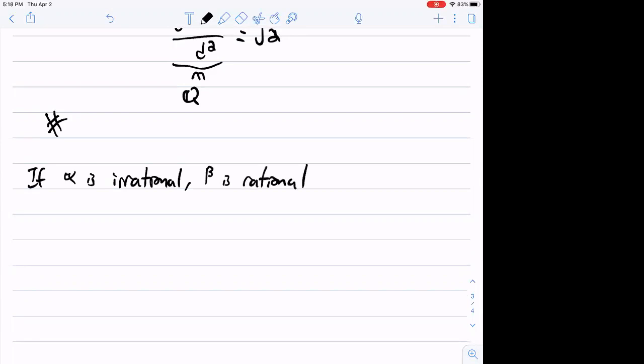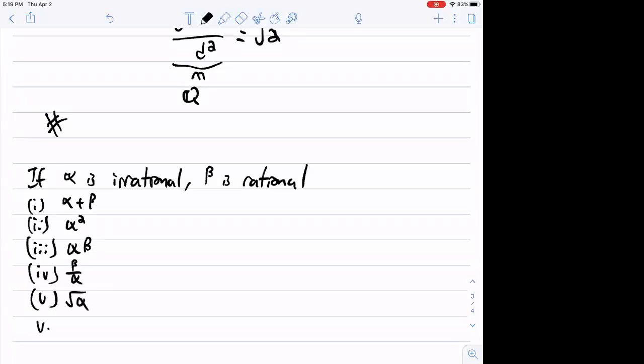Let's consider all possible operations. So let's consider alpha plus beta, alpha squared, alpha beta, I'm making these up, beta over alpha, root alpha, and let's say root beta.